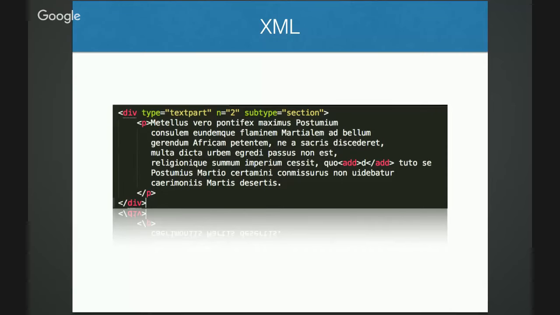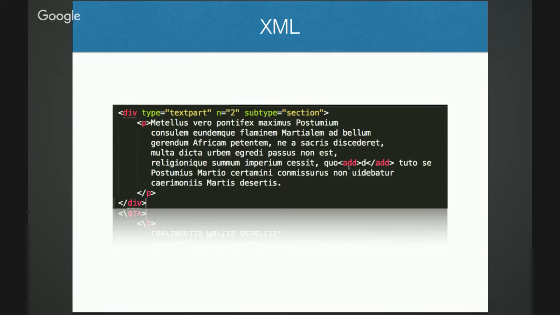And finally, this part of the text is also important because we can see that we also find an element, the add element, which is used here to say that the D between the opening and closing add tags has basically been added.